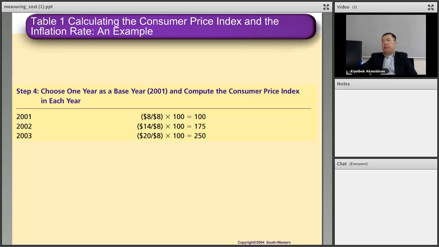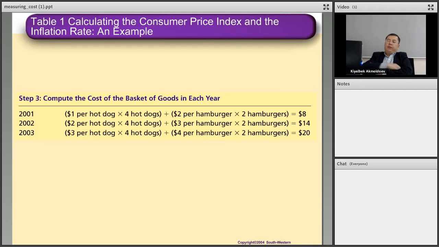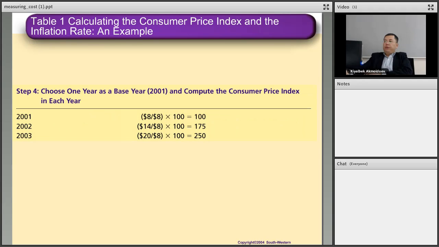Let's see this situation. The first year, the base year, is 100. In the second year, the cost of the basket in the current year is 14 divided by 8, the base year, multiplied by 100, and this is 175.